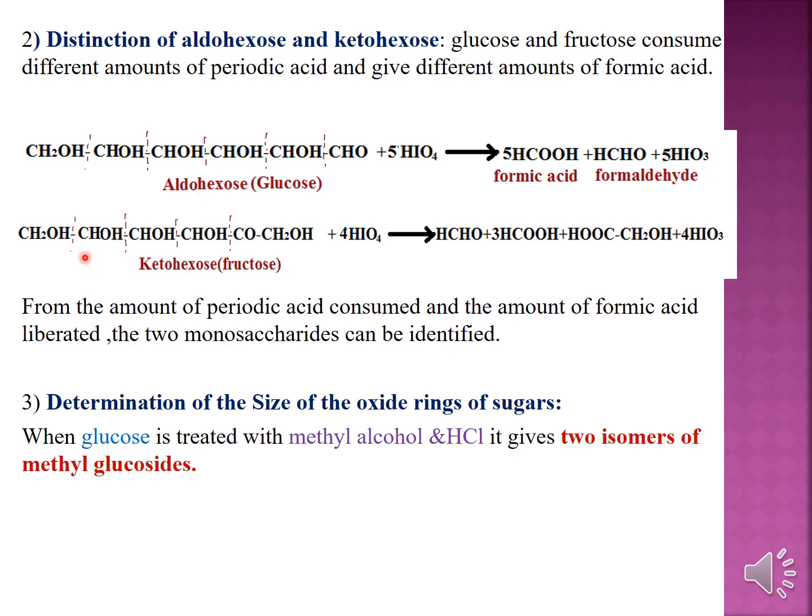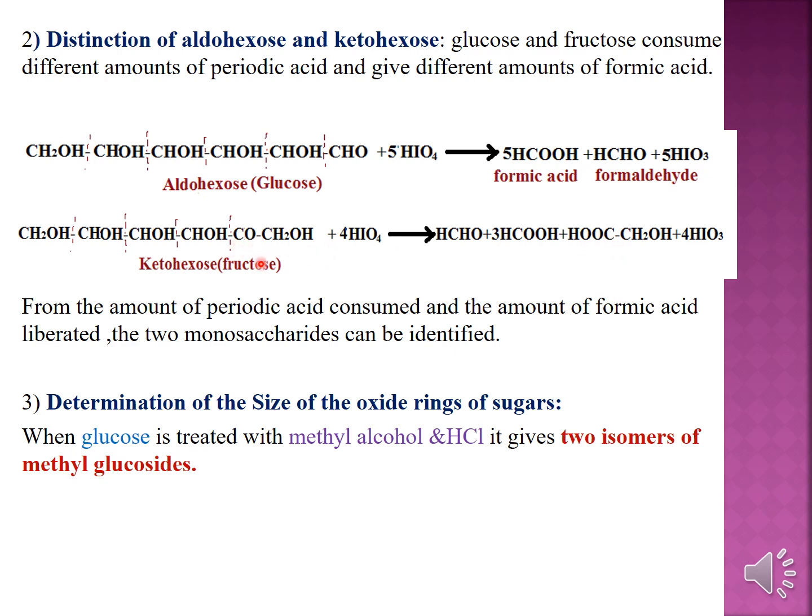Then moving on to the next, if you take fructose and treat it with 4 molecules of periodic acid, 1 molecule of formaldehyde is obtained, and 3 molecules of formic acid, and again an acid is obtained, that is your COOH, carboxylic acid.